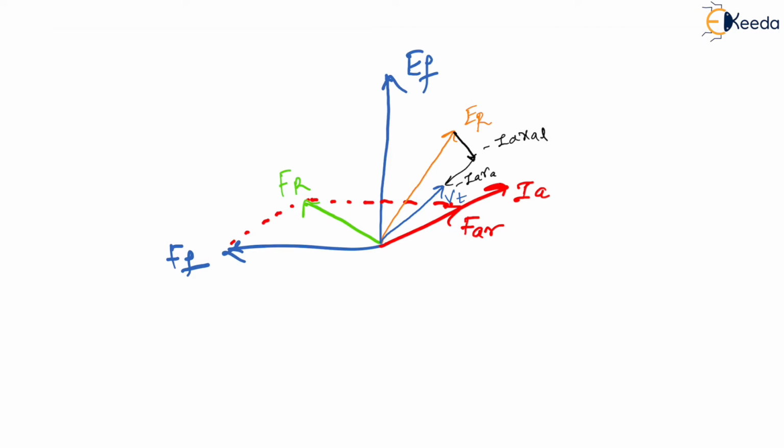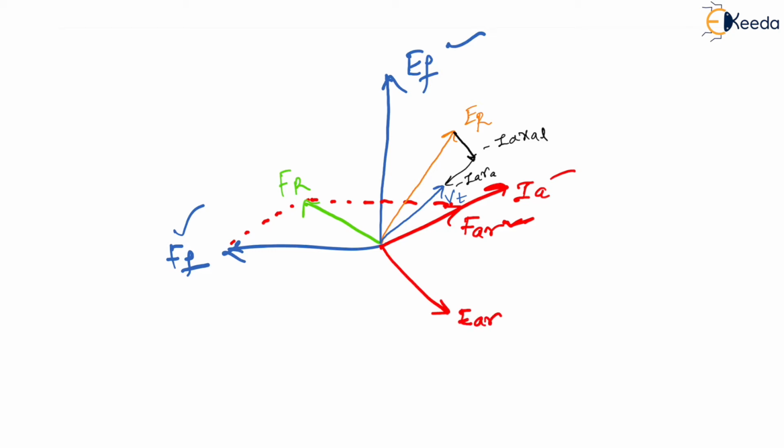Now, what does the EMF method say? It says that because of FF came, I agree. But it also says that because of this IA, FAR came, and because of this FAR, I now have another EMF which is EAR, definitely 90 degrees lagging to it.